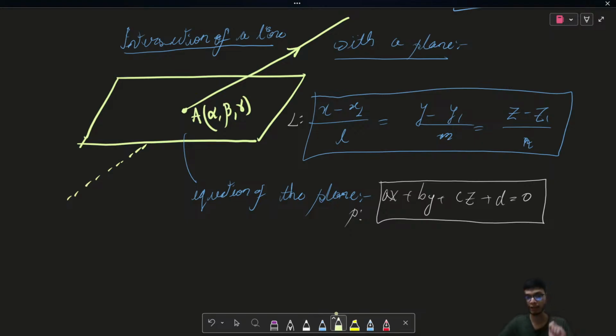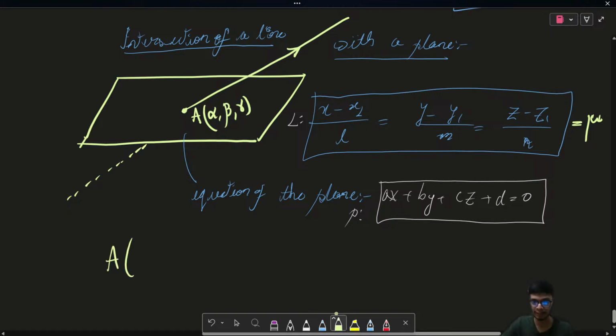Now, in order to find out the point of intersection, this point of intersection would lie both on the line as well as the plane. So let us assume any point on the line by assuming some constant mu. Then any point on the line can be given as x1 plus l times mu, comma y1 plus mu times m, comma z1 plus mu times n.